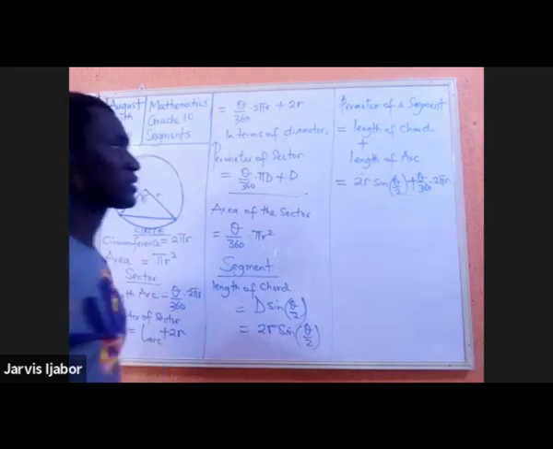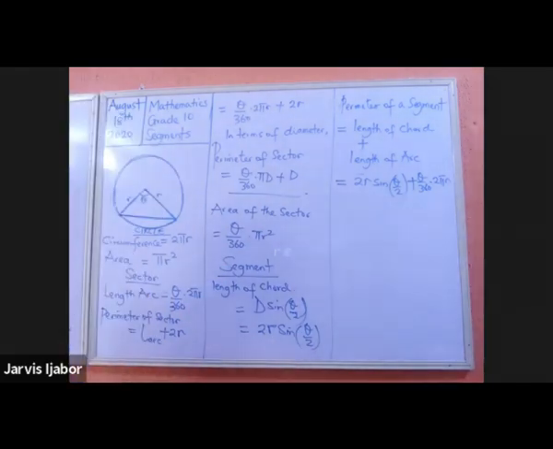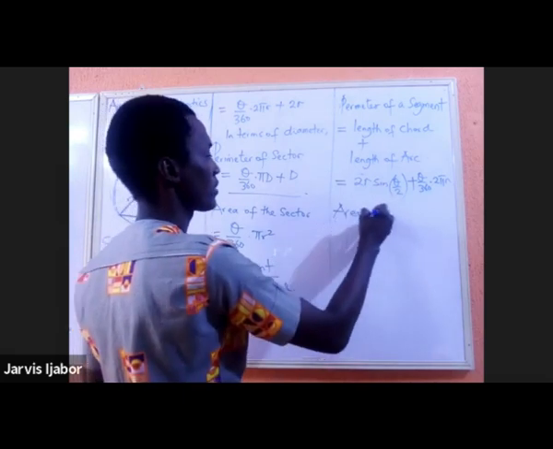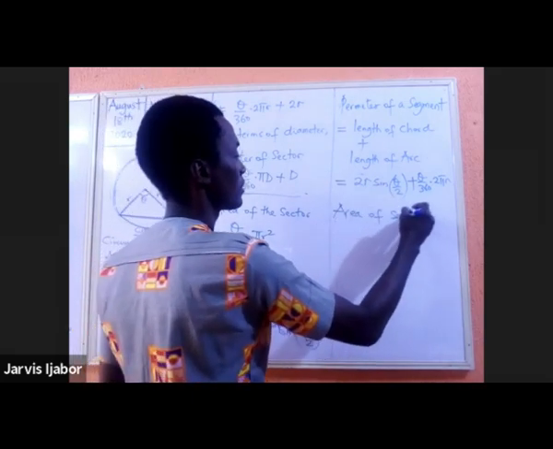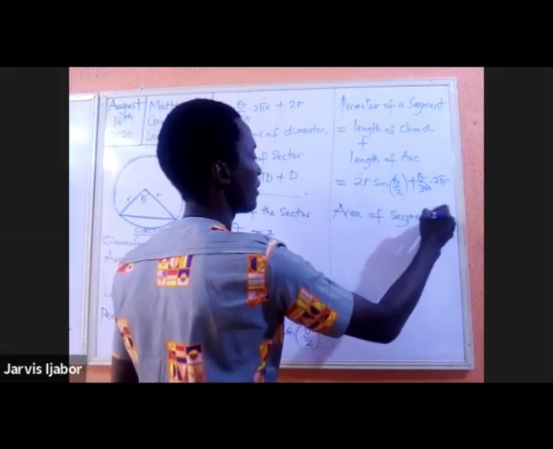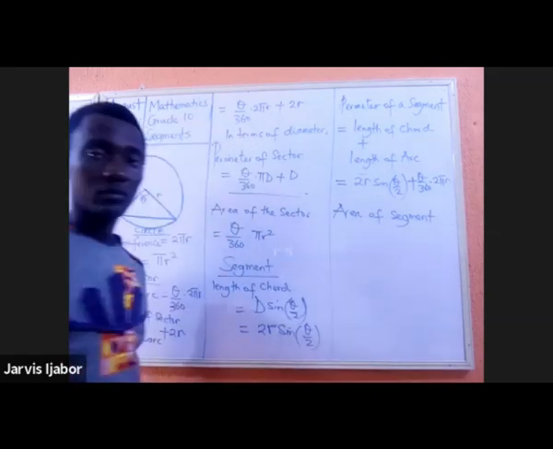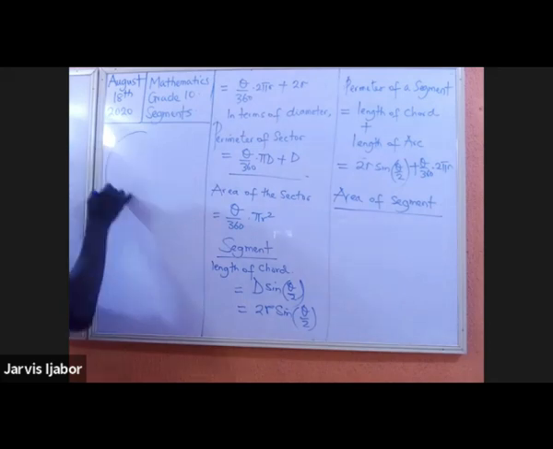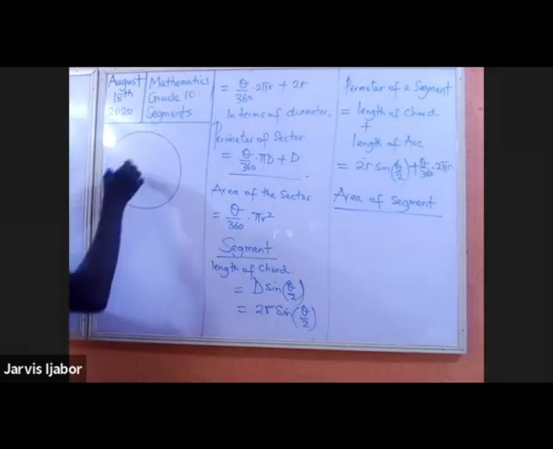So that settles that. Now, what then is the area of the segment? Let's pause a while. Let's draw another circle on the board. Now, look at this very well.